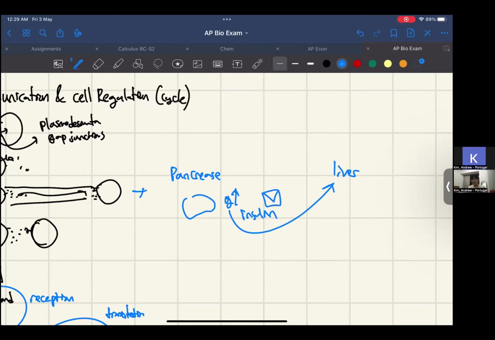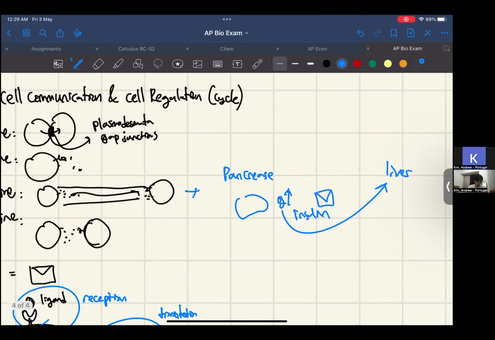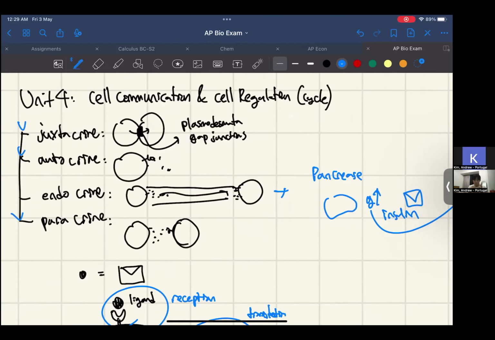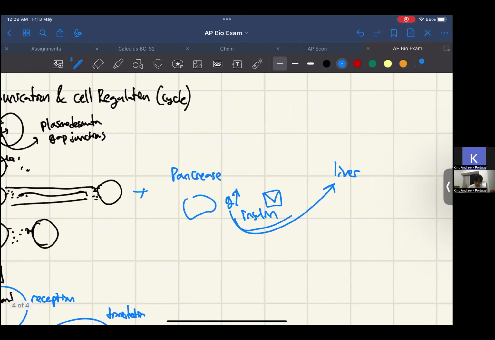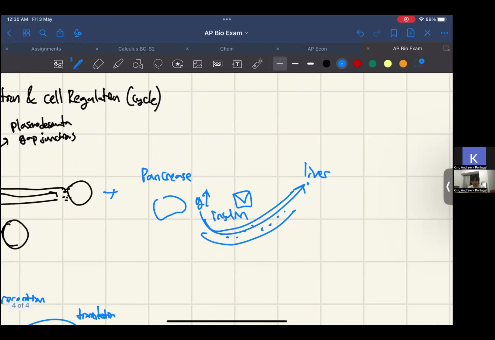But again, the pancreas and liver are far away. It's not like 1 micrometer away, right? It's decently spread out in our body. So it can't move through any of the other 3 cell communication pathways, but it has to move through the endocrine pathway. In other words, insulin flows through our bloodstream. And once this insulin arrives at the liver, the liver will receive insulin and react based on that. How will it react?